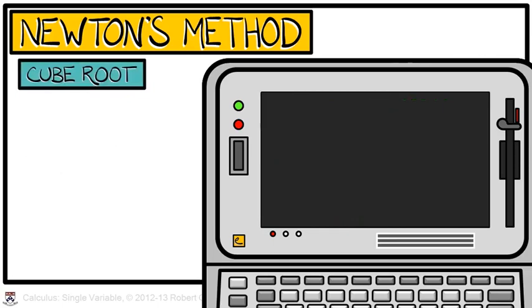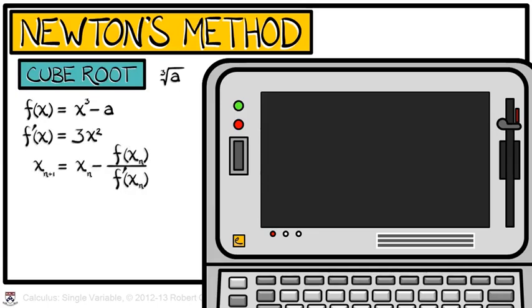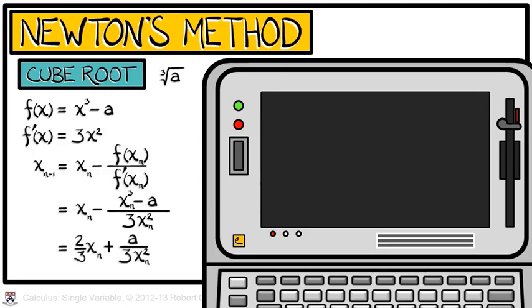Likewise, if we want to compute a cube root of a, we can realize that as the root of f of x equals x cubed minus a. In this case, also, the derivative is trivial to compute. And inserting these into Newton's update law gives us xn plus 1 equals 2/3 xn plus a over 3 times xn squared. Now again, if we, say, evaluate this for a equals 100, what's the cube root of 100?